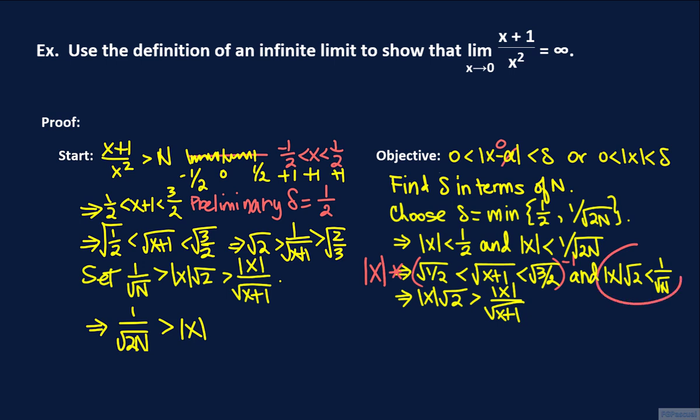And since 1 over the square root of N is greater than the absolute value of x times the square root of 2, by transitivity we have 1 divided by the square root of N is greater than the absolute value of x divided by the square root of x plus 1.